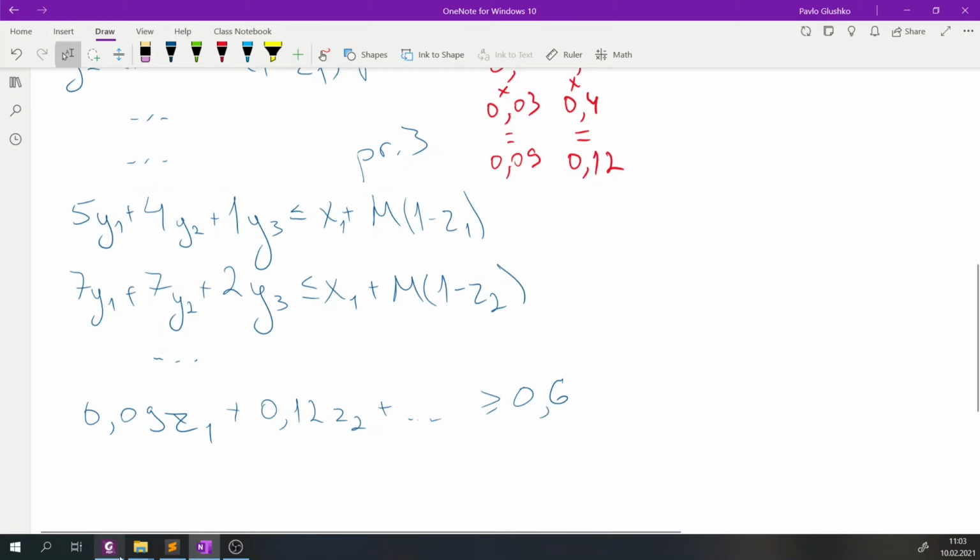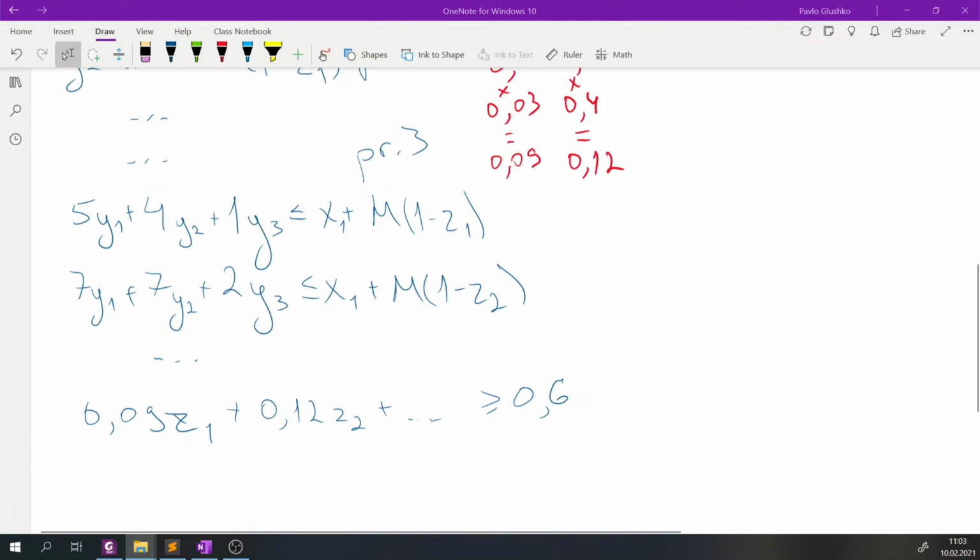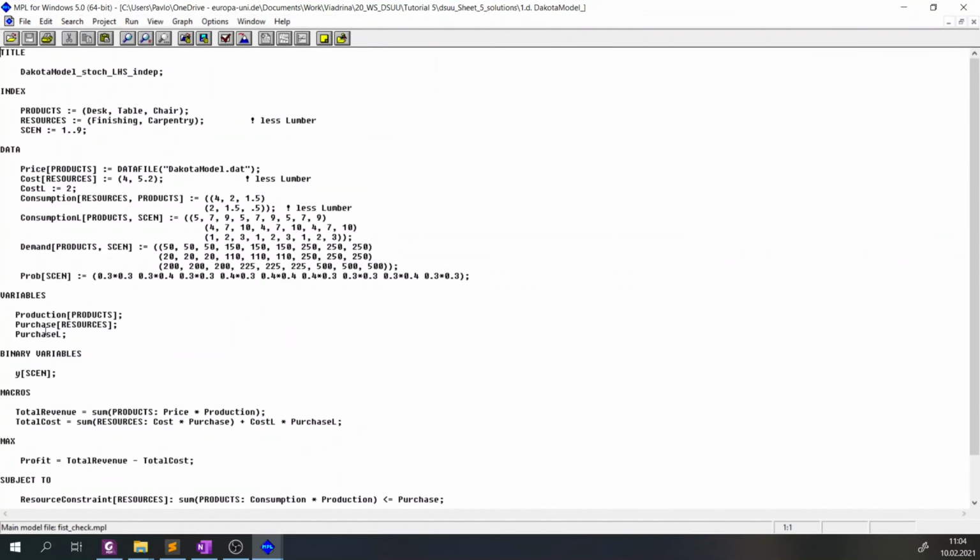And now let's check how it looks in the MPL, because we are asked to formulate it in MPL. In MPL, it looks much more compact and much easier to understand. So this is the MPL formulation. What has changed here?